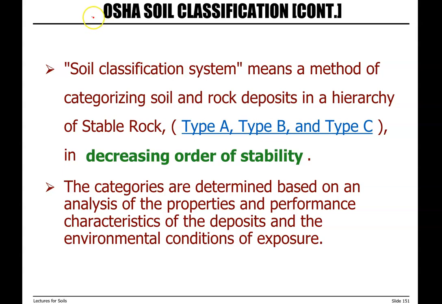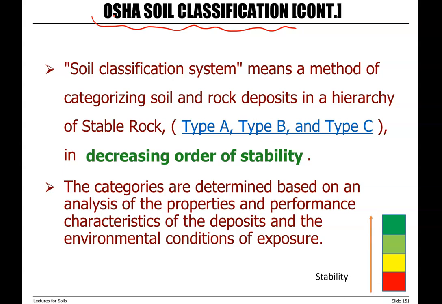So, we are looking at OSHA's soil classification. Soil classification system means a method of categorizing soil and rock. Based on OSHA, we have four types of soil. It starts with the most stable, so we have stable rock.